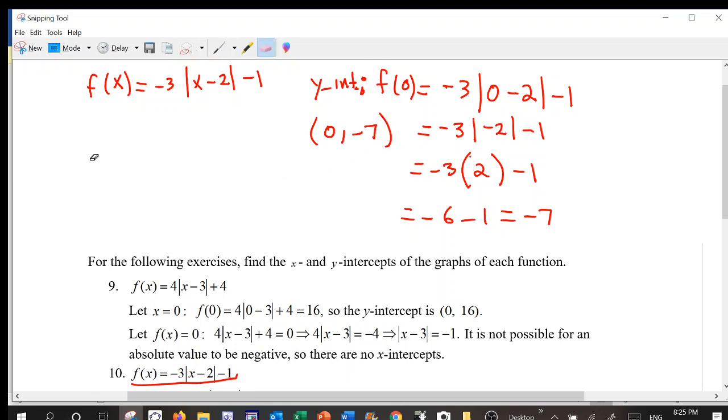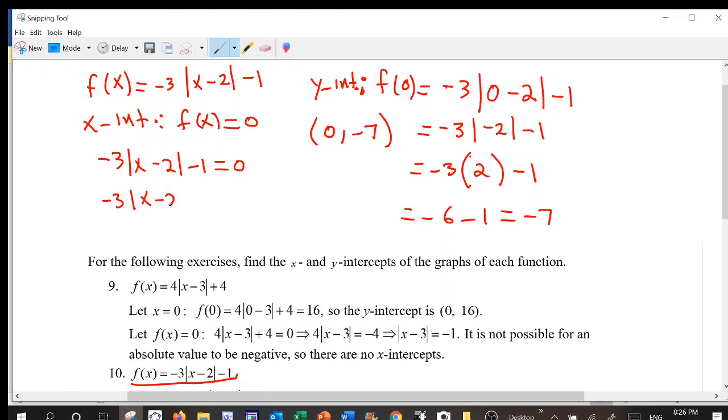Now what is the x-intercept of this thing? Well, the x-intercept is going to be when f of x equals 0. That means negative 3 times the absolute value of x minus 2, minus 1 equals 0. So it means that negative 3 times the absolute value of x minus 2 equals 1, and the absolute value of x minus 2 equals negative 1/3, right?